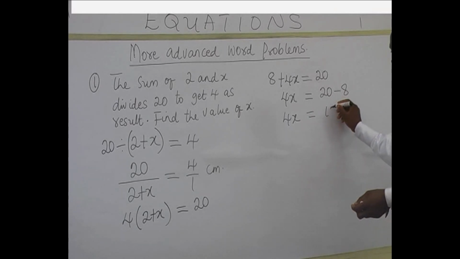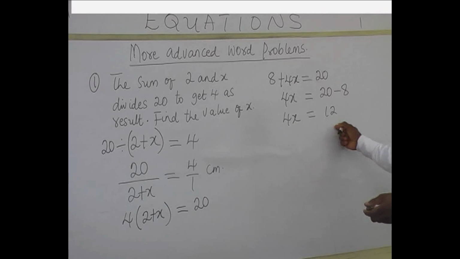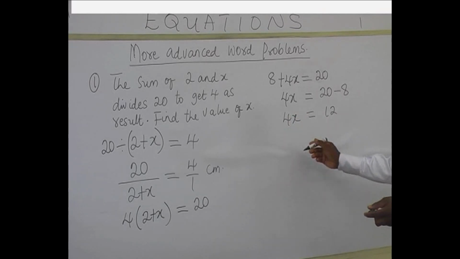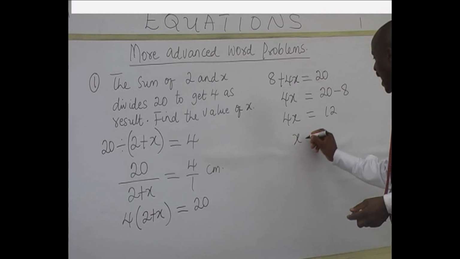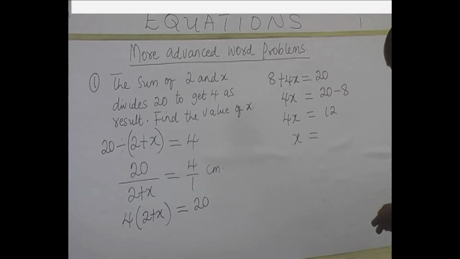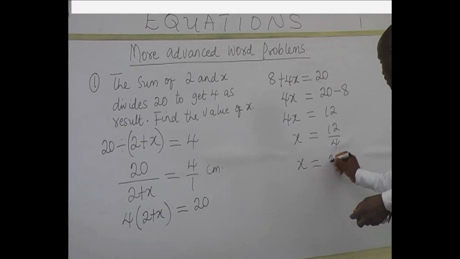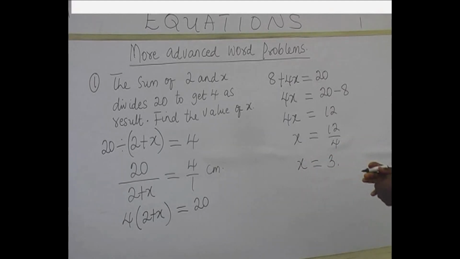You'll be left with 12. Divide both sides by 4 so as to eliminate 4, that is the coefficient of x in the left-hand side of the equation. When you do so, x only will be left in the left-hand side of the equation, while the right-hand side, you have 12 divided by 4, and 12 divided by 4 has the value 3. That means 3 becomes the value of x in that equation.